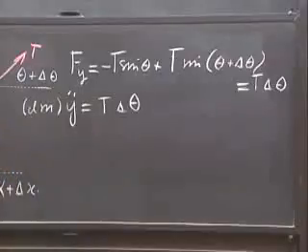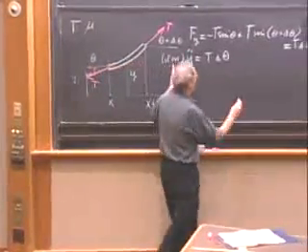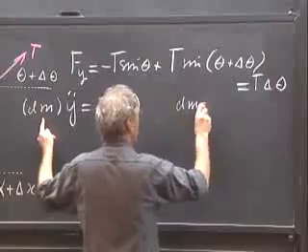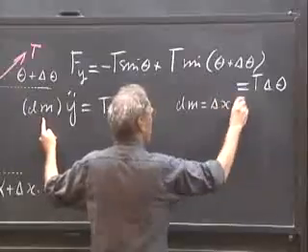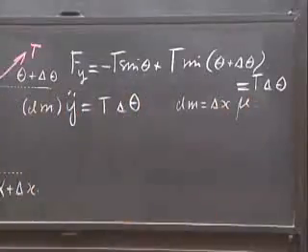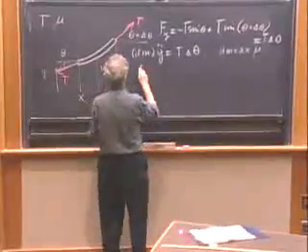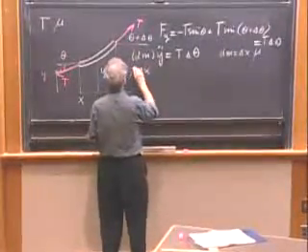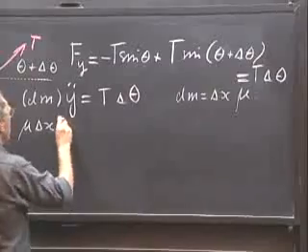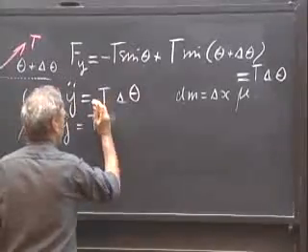But what is dm? Well, we know that the length of the string is delta x, so dm must be delta x times mu, because mu is the amount of mass per unit length, and if my length is delta x, then dm is mu delta x. So I can write this now as delta x times mu times y double dot equals T times delta theta.